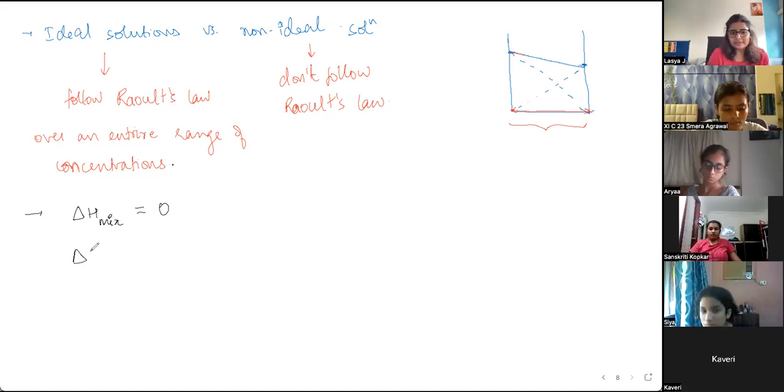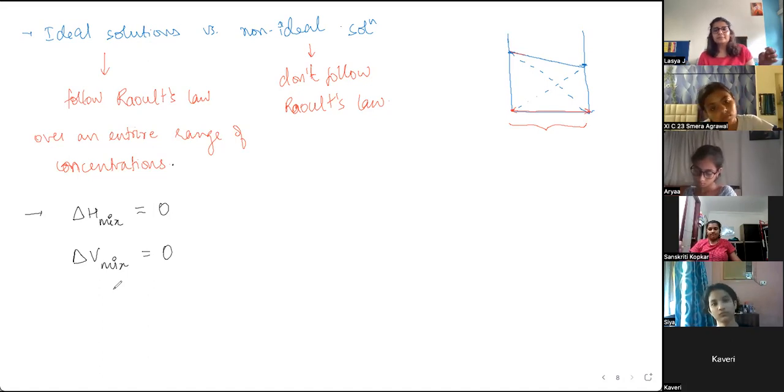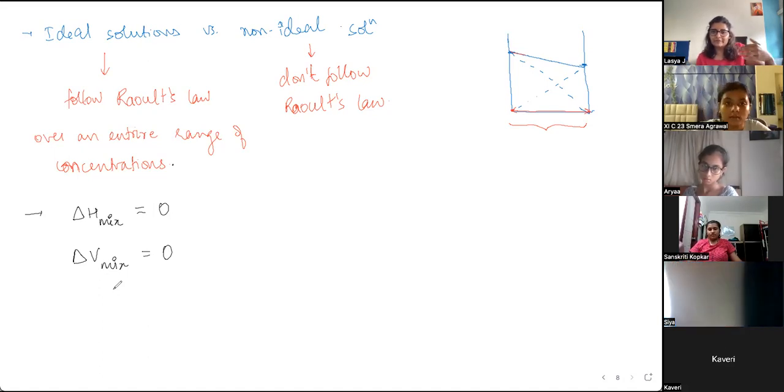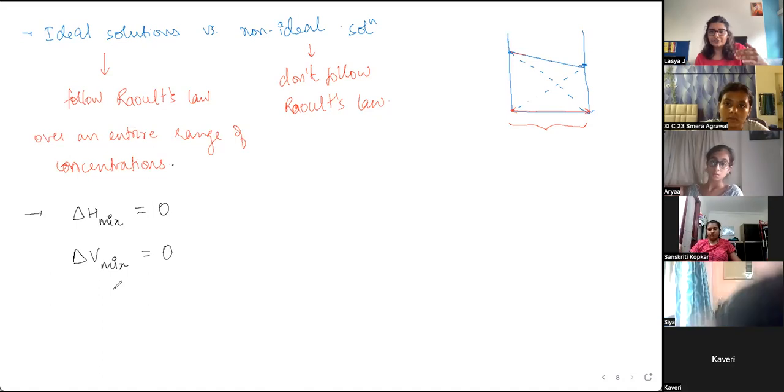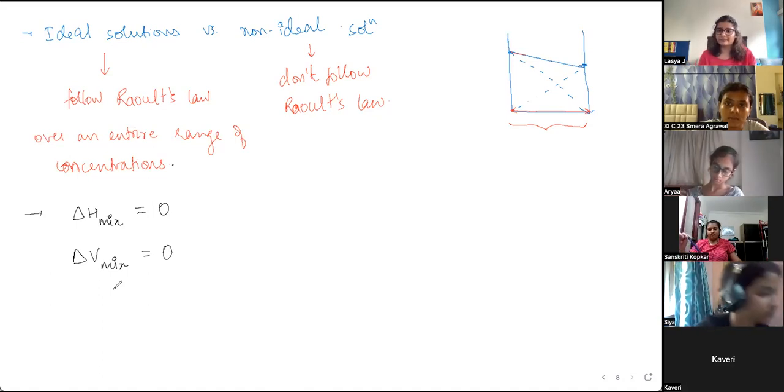And the delta V of the mixture. So overall volume also should not change. If I mix 100 ml of liquid 1 and 50 ml of liquid 2, my total volume should be 100 plus 50, 150. It should not come to 151, 152, or 148, 149.